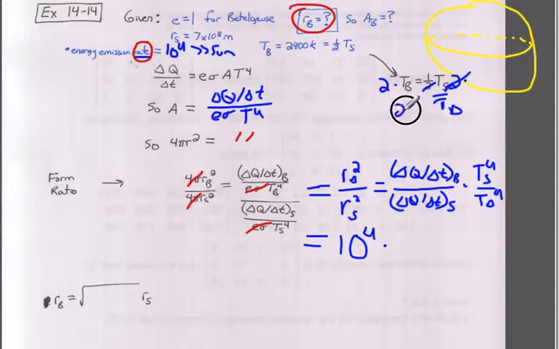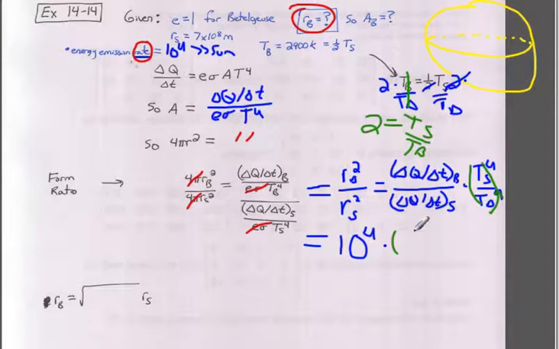So I get 2 equals the temperature of the sun over the temperature of Betelgeuse, which is what we have right here, except it's to the 4th power. Can't you go like this? Scribble that out and just say it's 1 to the 4th power. Yes, you can. So that's just 2 to the 4th power, and that's what we've got.